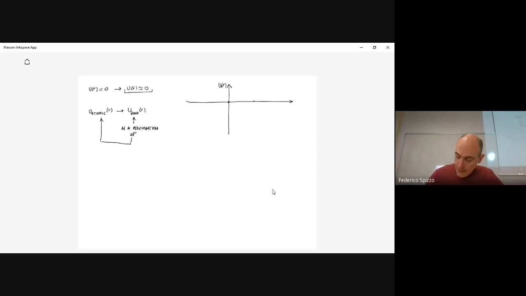In this case, we have a periodic lattice. This is just a one-dimensional section of the problem, and if we suppose to use as a reference for the atomic potential a Coulombian term, the Coulombian term has a divergency in correspondence of the position of the ion.